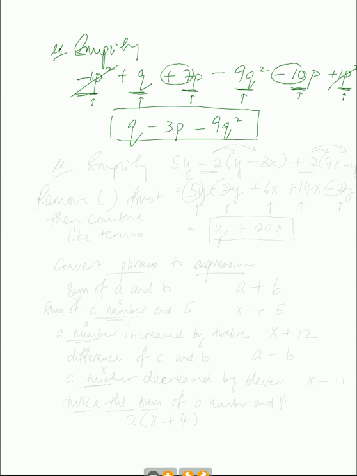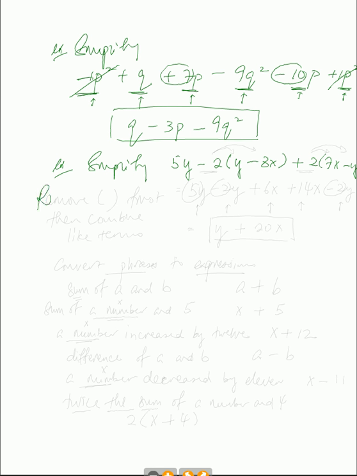Sometimes we do confuse you a little bit because we may bring in parentheses. So take for example, can you simplify 5y minus 2 parentheses y minus 3x, close parentheses, plus 2 parentheses 7x minus y.